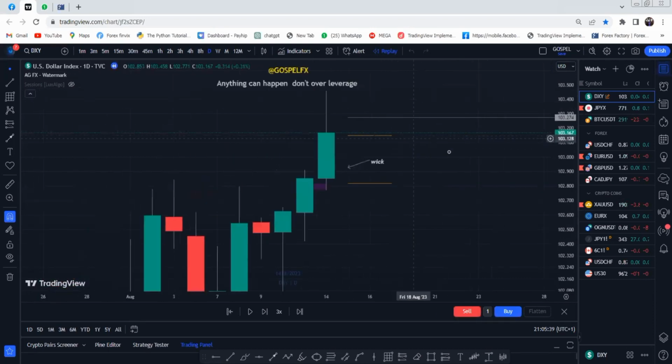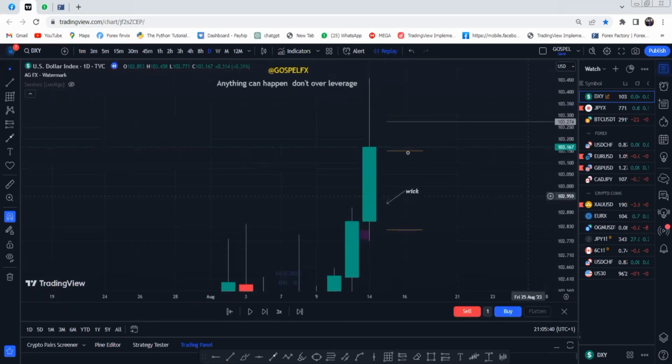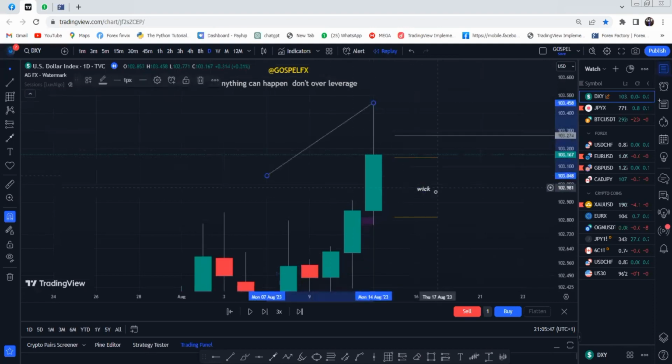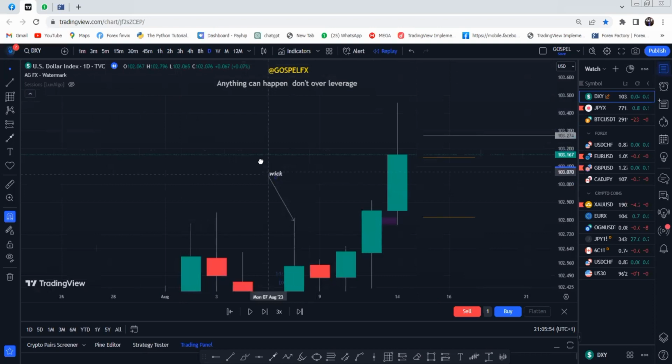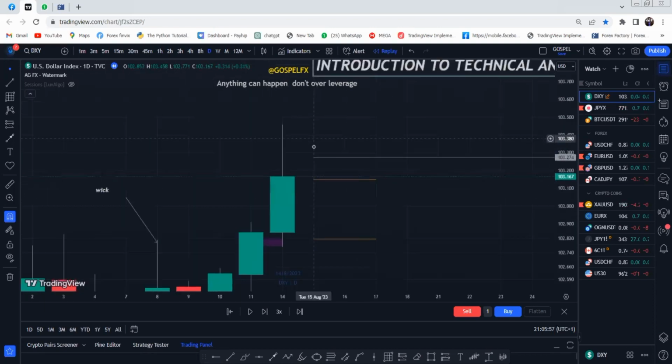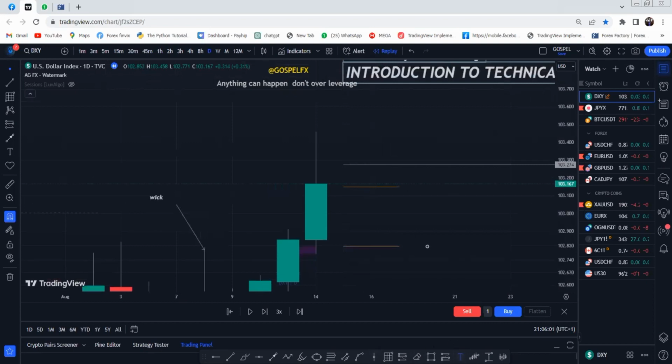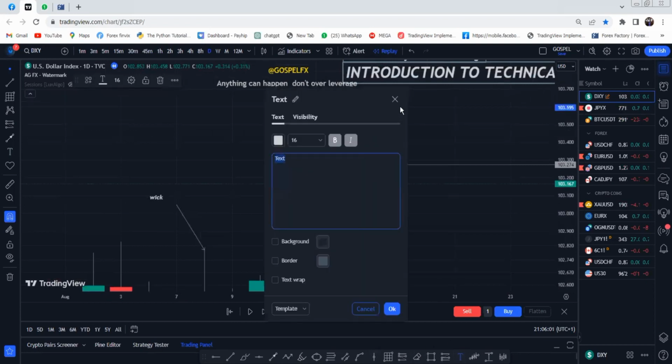Okay, I've hidden the current candle, so we are going to work on this particular one. We have this as our wick. Those are wicks. Now this is actually a bullish candle.